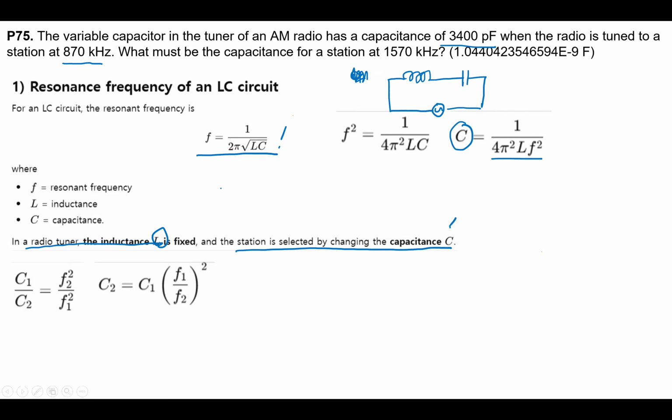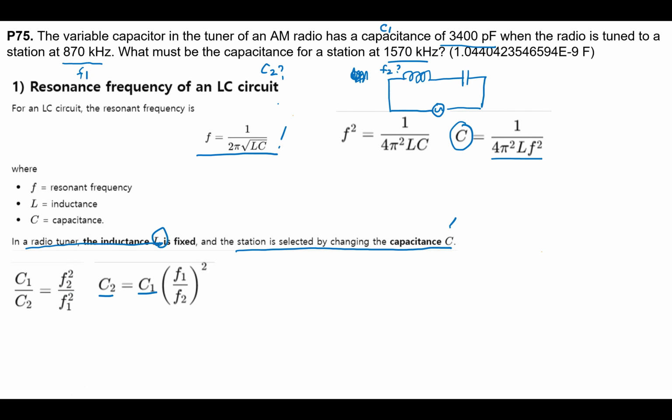So in other words, C1 over C2 is given by this one, so this is a variable. C2 could be changed. Note that C1 is given for frequency 1, and we want to find out what is C2 for frequency 2.